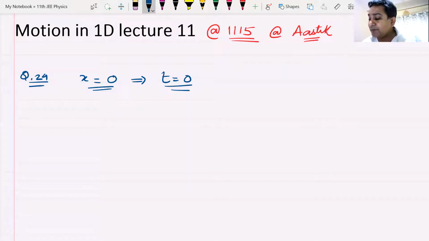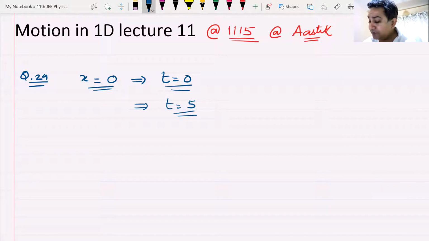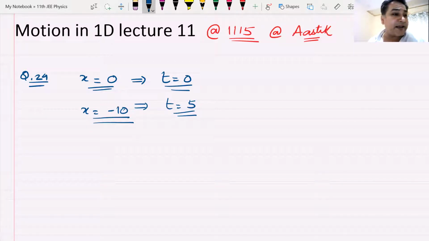Then we find the position at t equal to 5 seconds. Look at the graph. The position at t equal to 5 seconds is x equal to -10. So what is the total displacement?